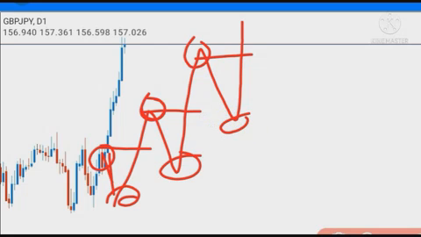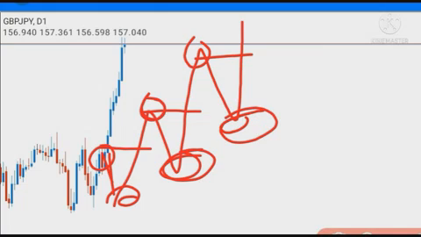That's why this one is called a higher low. This high here is called a higher high. The highs, we want to see violated in an uptrend, but we want to see the lows respected. The lows must not be violated.